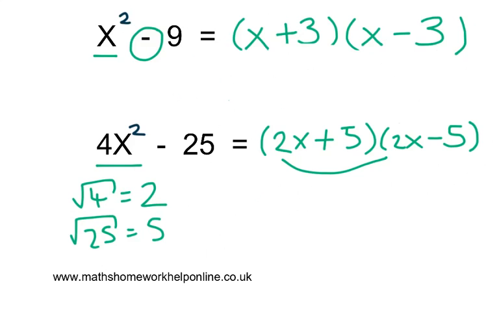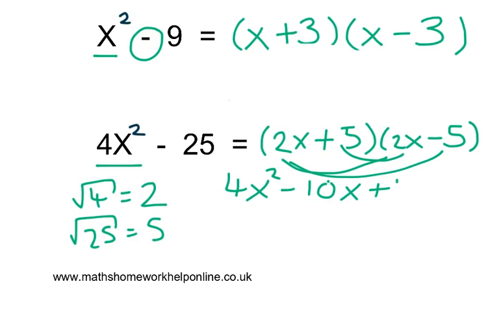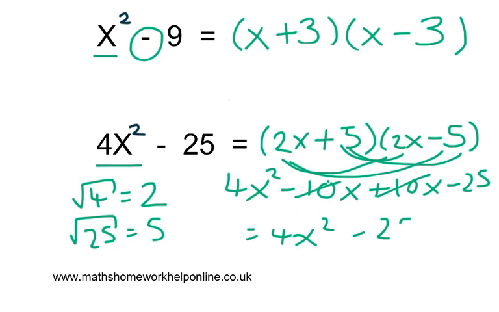So 2x times 2x, 2 times 2 is 4, so that will be 4x squared. Then 2x times minus 5 is minus 10x. 5 times 2x is plus 10x. And then 5 times minus 5 is minus 25. And the 10x's cancel each other out, so you're left with 4x squared minus 25.